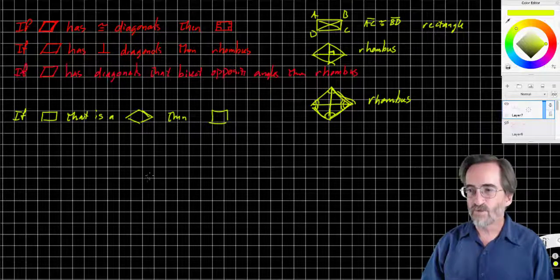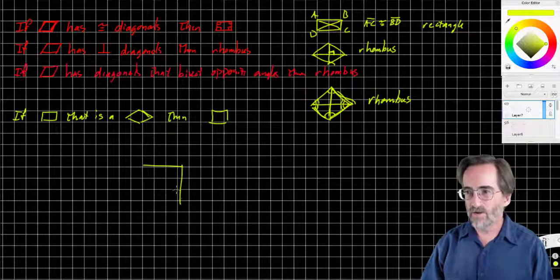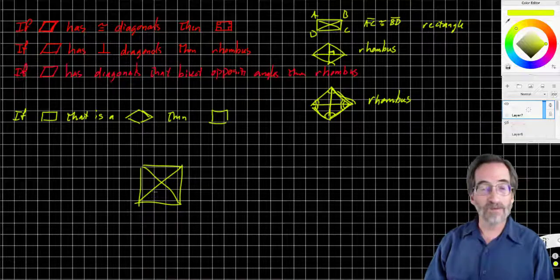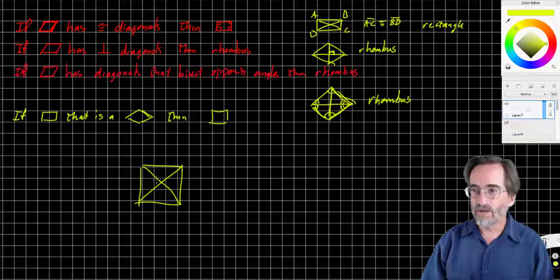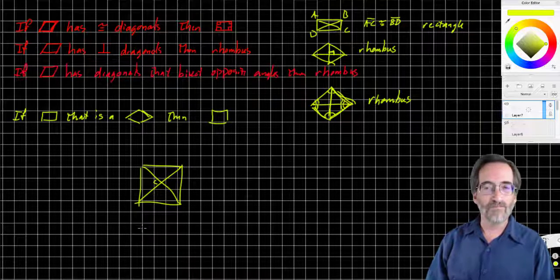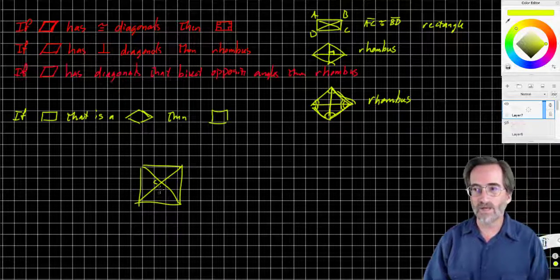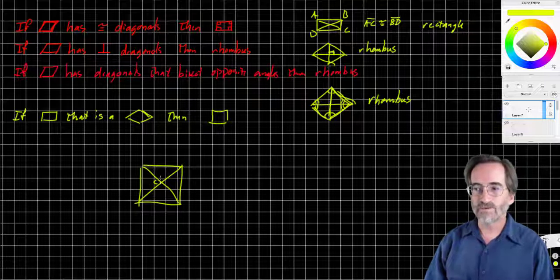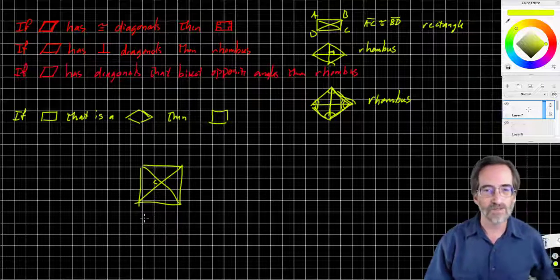So for example, if I have a parallelogram and the diagonals are congruent, that makes it a rectangle, but the diagonals are also perpendicular. That makes it a rhombus. So it's both a rhombus and a rectangle, therefore it is a square. It is a square. Right?